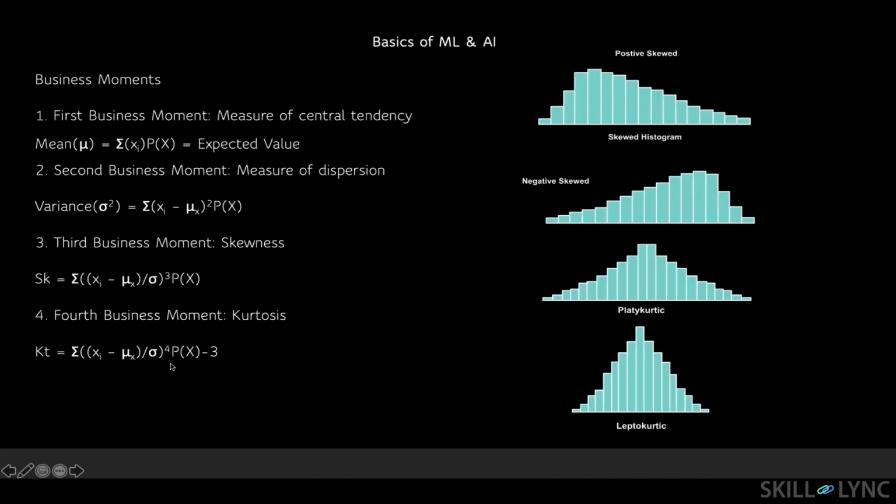Similarly, we have fourth business movement, which is kurtosis. So this is also very simple, guys. For kurtosis, if you notice, you have a very symmetric normal distribution. Ideally, it will not be a case, but let's assume this. You have two normal distribution curves, like this and like this. If you notice, the peak thickness is more. That means there are so many people which are falling under average, exactly near to average.